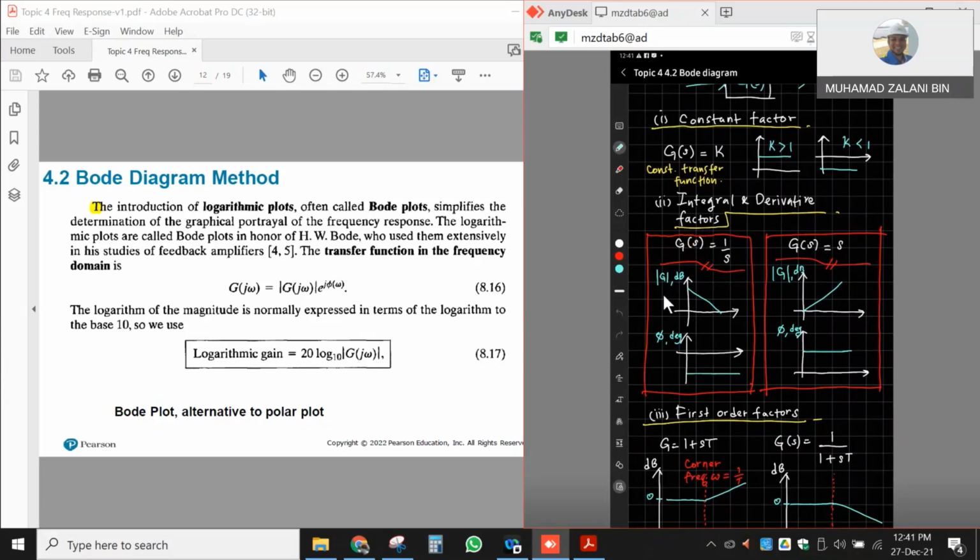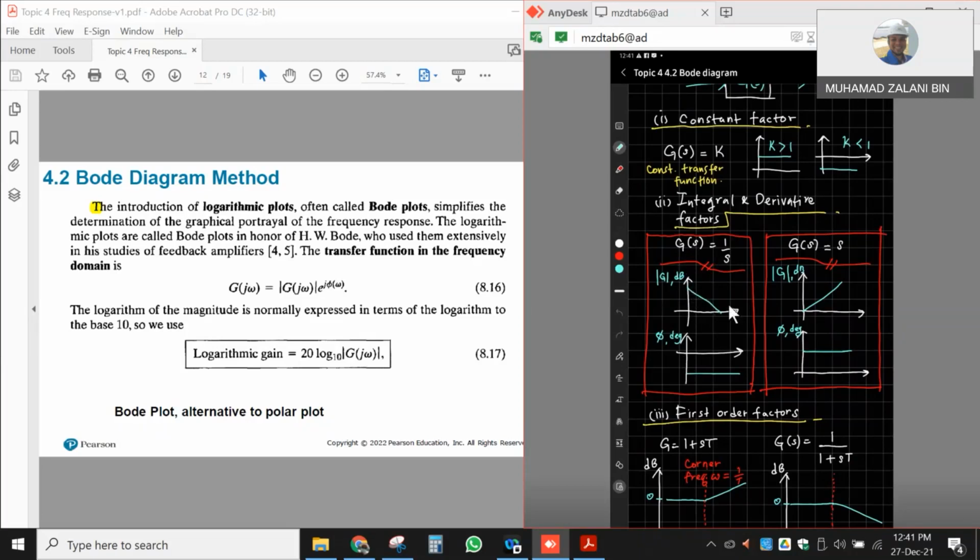If we use the Bode plot to represent the transfer function G(s), and that G(s) belongs to the integral factor, then we will see that the magnitude plot will be like this.